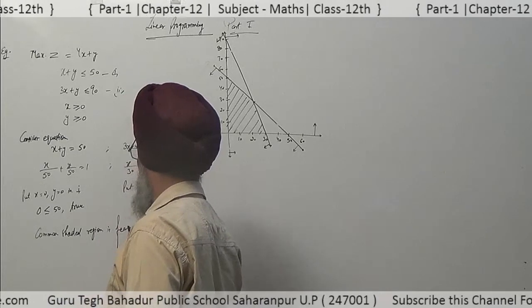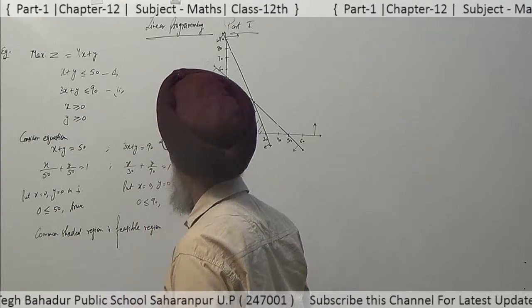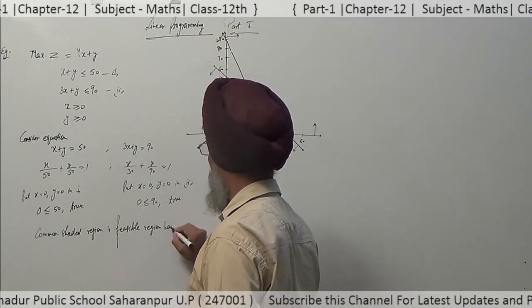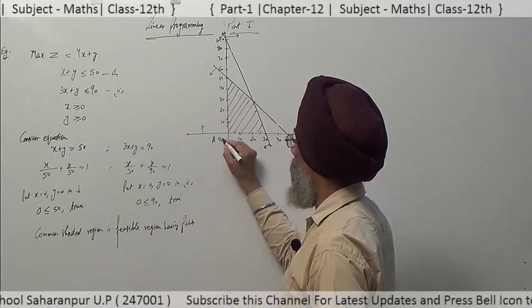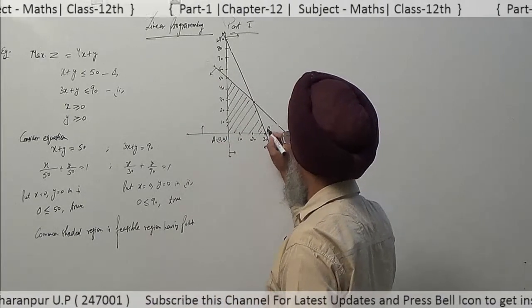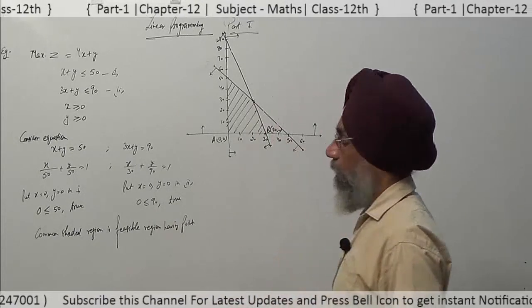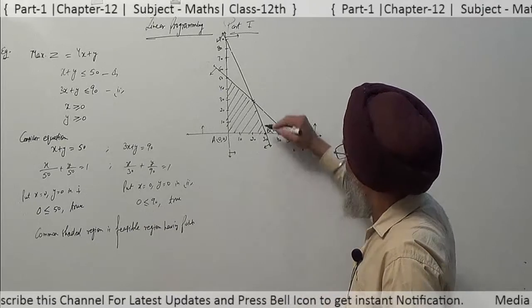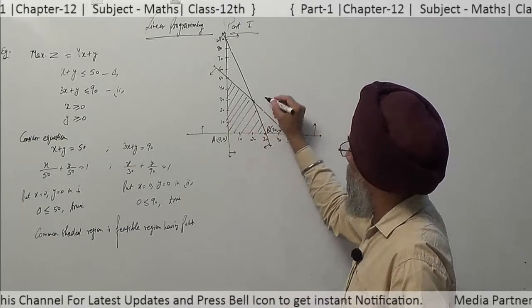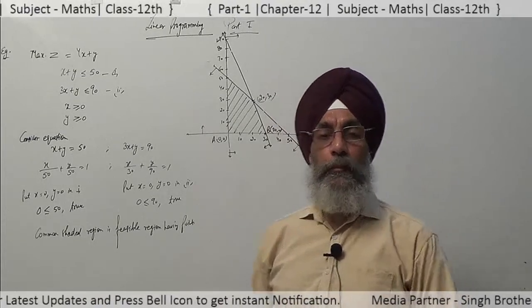This is the feasible region, having points such as A (0, 0), this one as B (30, 0). Now what is this point? At x it is 20, y it is 30, so it is (20, 30). You can find it accurately by plotting it on the graph.